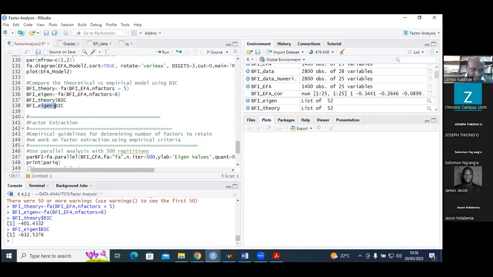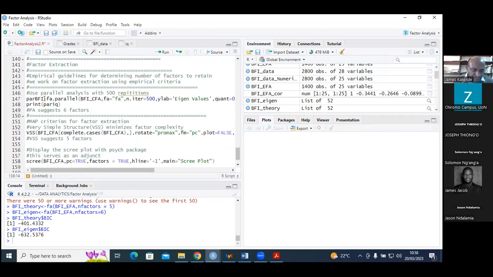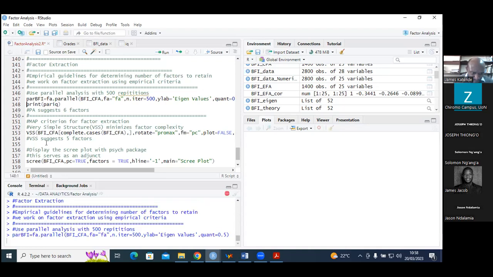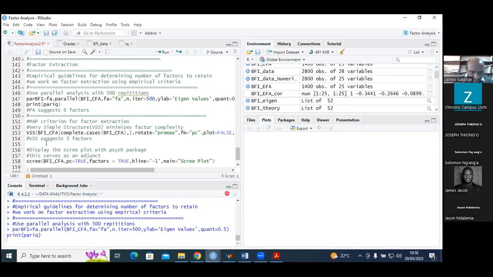So the other methods to determine how many factors to retain, one of them is this parallel analysis. If you run it, it will suggest that you should pick 6 factors. Let's see what it has printed.